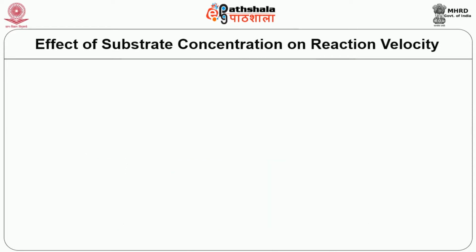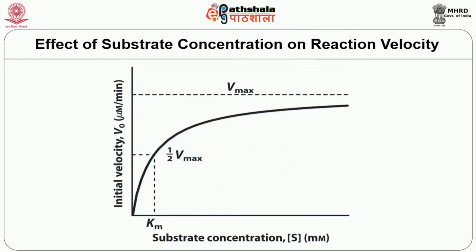Now let us look at the effect of substrate concentration on reaction velocity. It is understood from this graph that as the substrate concentration keeps increasing, there is an increase in the velocity, that is the rate of the reaction, and after a certain concentration of the substrate, the graph reaches a constant region, and this kind of graph is called a hyperbolic graph.